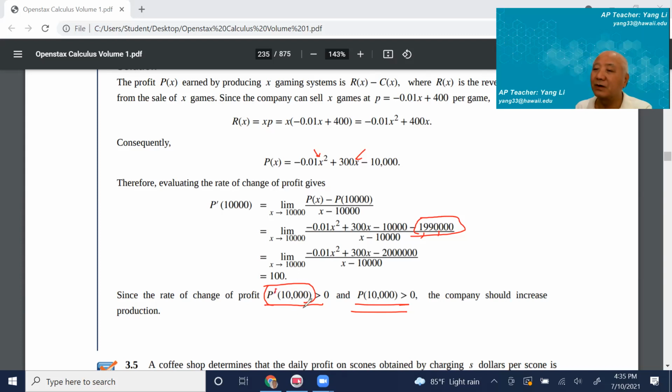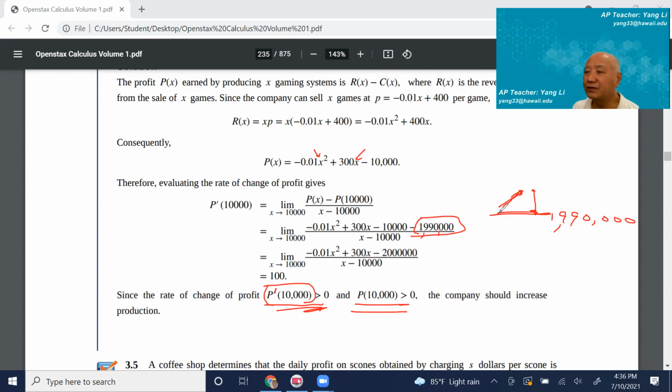And if you increase more, because this derivative means what? If you increase more production, and it's positive, it means the slope is positive. When you increase the production, the revenue will increase from the level of $1,990,000, because the slope is positive.